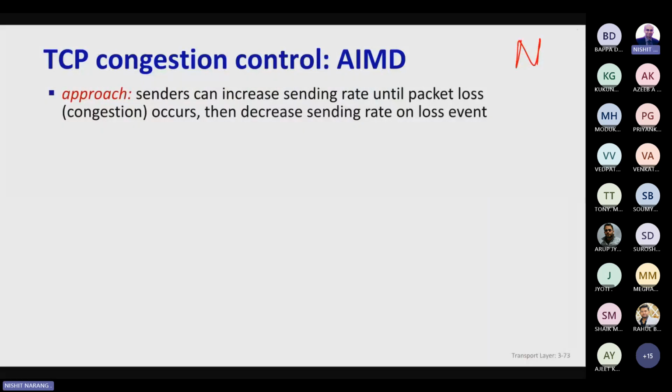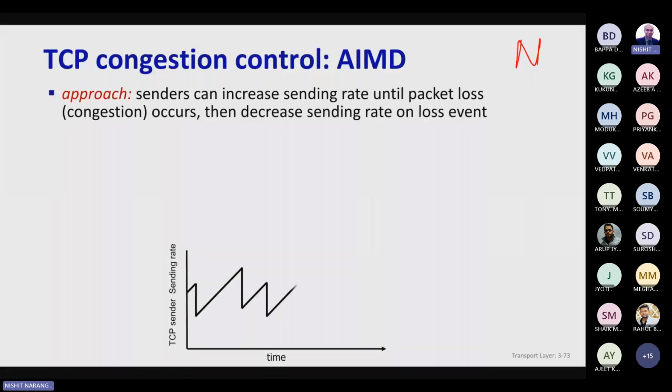This is called TCP's AIMD behavior, additive increase, multiplicative decrease. It's characterized by its sawtooth behavior, like the tooth of a saw that carpenters use for wood cutting. So on the y-axis is the rate at which the TCP sender is sending, which is completely driven by your N, the sliding window.